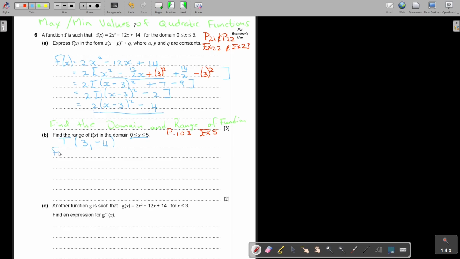So if I go f(0), you can just substitute it in that, so it's going to be 2 times 0 squared, minus 12 times 0, plus 14, and that is equal to 14. And if you say f(5), that is going to be 2 times 5 squared, minus 12 times 5, plus 14, and that is going to be 4.